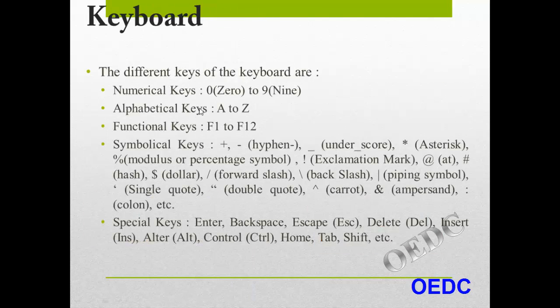The different keys of the keyboard are numerical keys 0 to 9, alphabetical keys A to Z, functional keys F1 to F12, then special keys: plus, hyphen, underscore, asterisk, modulus or percentage symbol, exclamation mark, at, hash, dollar, forward slash, backslash, piping symbol, single quote, double quote, caret, ampersand, colon, etc. are called symbolical keys.